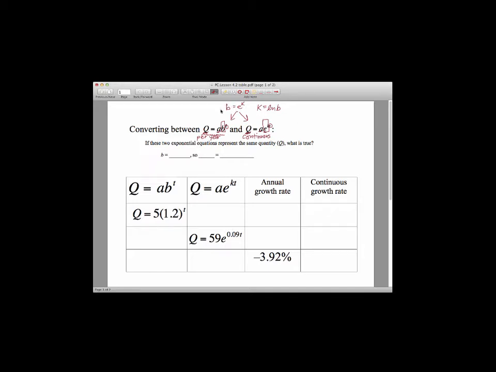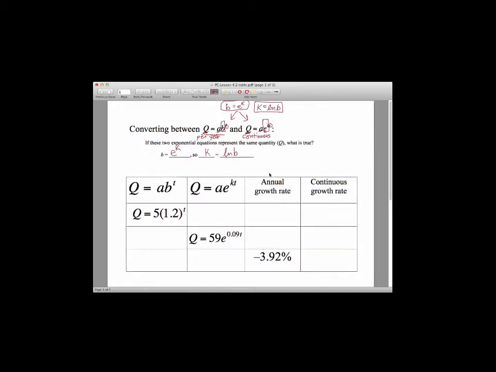So armed with these two principles, that b in this formula is the same as e to the k in the other formula, or if you wanted to go the other way and figure out what k is, you could always just find the ln of b, and that would allow you to find k. So these are the two basic formulas that you want to use anytime you're going back and forth from the continuous formula to the per time formula. So if you write those in there, those will be two helpful formulas when you're going back and forth.